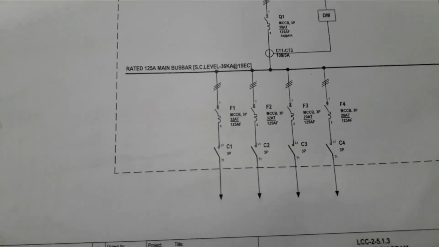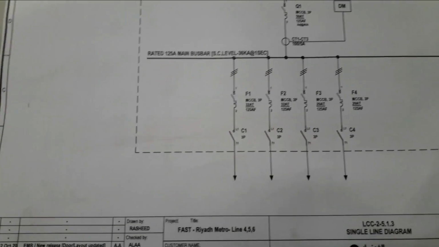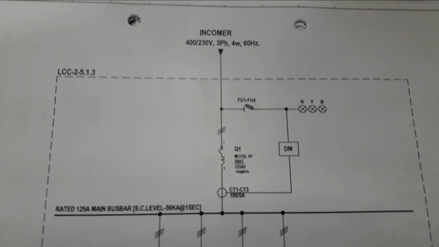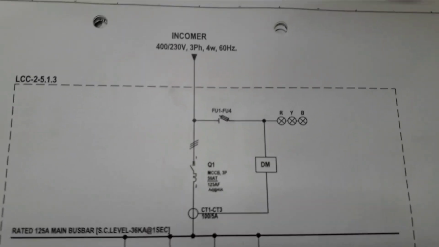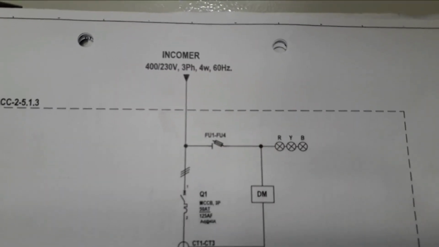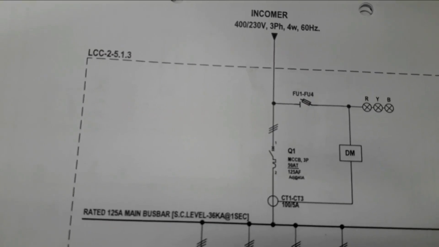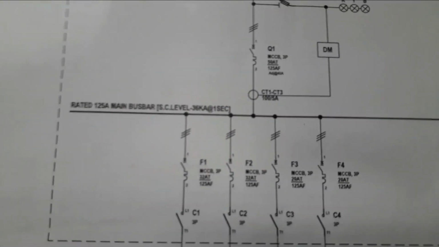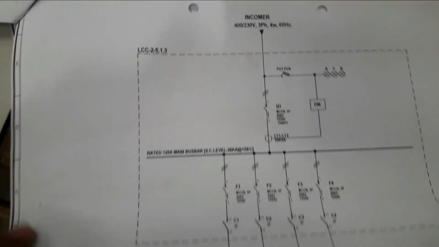C stands for contactor. We have DM, which is related to digital meter, and RYB, the symbol for the RYB indication lamp, and fuse 1, 2, 3, 4, and the CT. Now we are going to turn to another page.